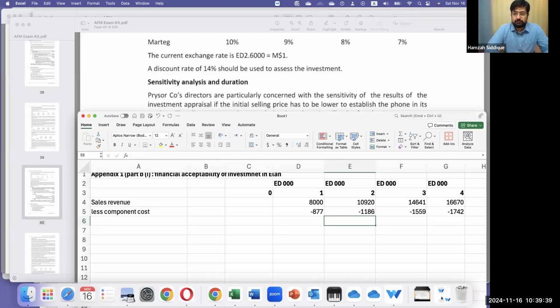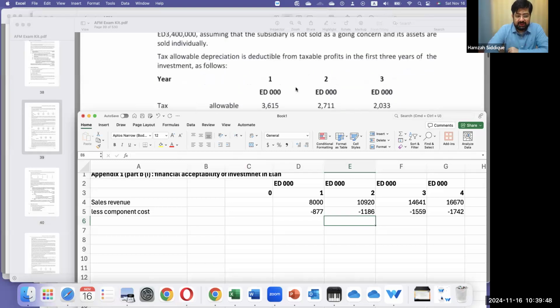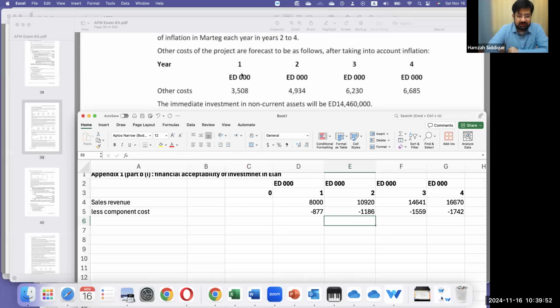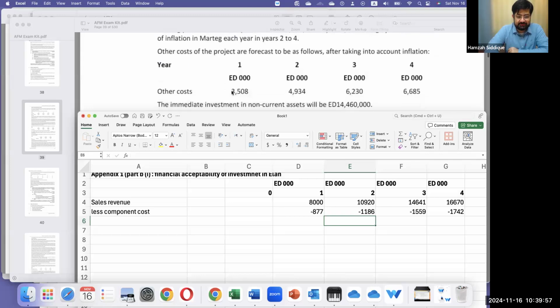Now, the next point is, what is any other cost, any other variable? Other costs are here. So we have discussed this component cost, other costs.